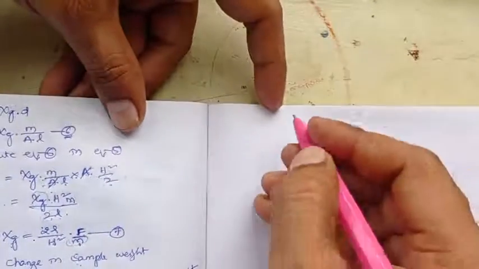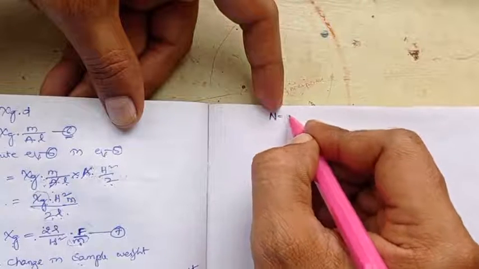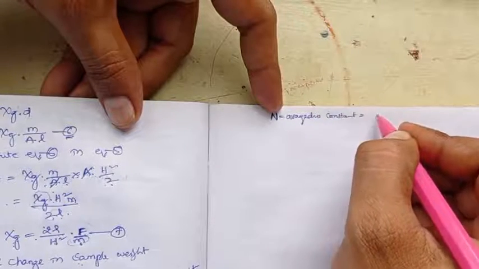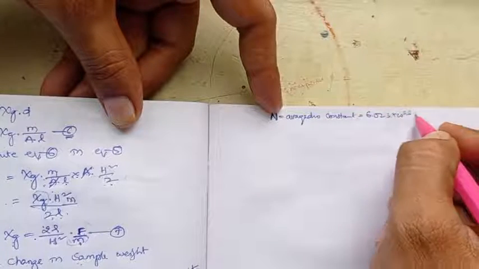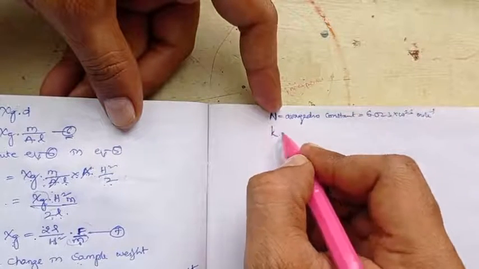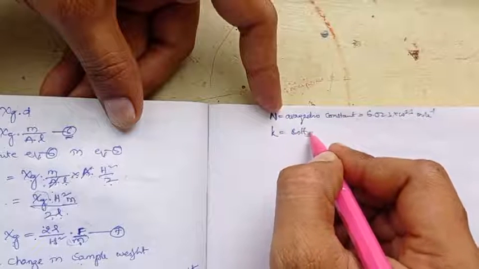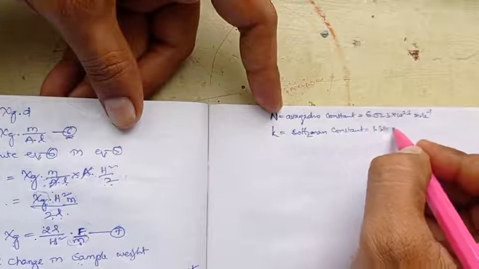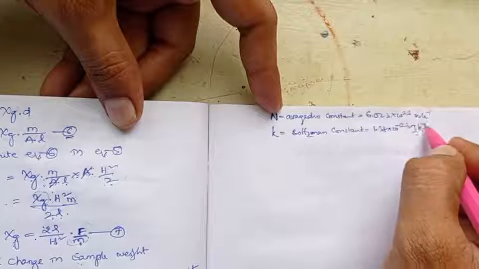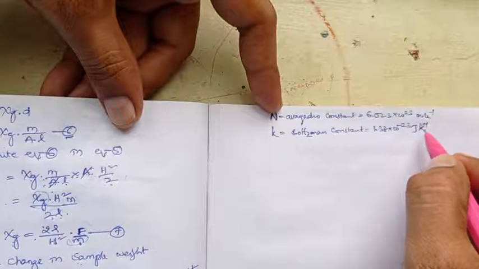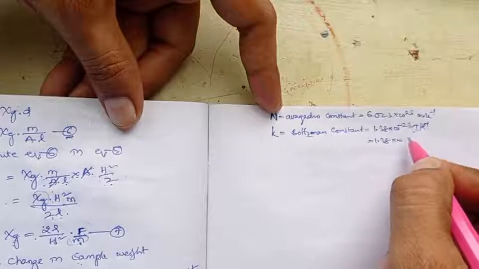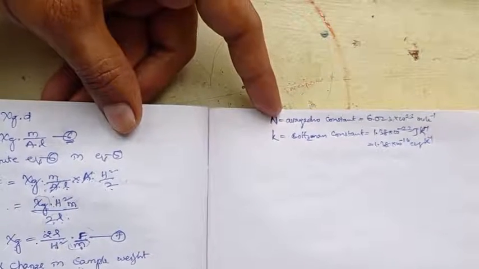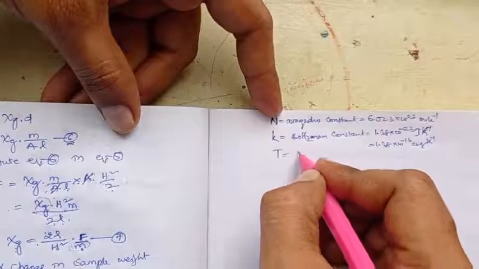The constant values you know, right? The Avogadro constant value is 6.023 into 10 to the power of 23 per mole, and the Boltzmann constant value is 1.38 into 10 to the power of minus 23 joule per Kelvin, or 1.38 into 10 to the power of minus 16 erg per Kelvin, and T is temperature.